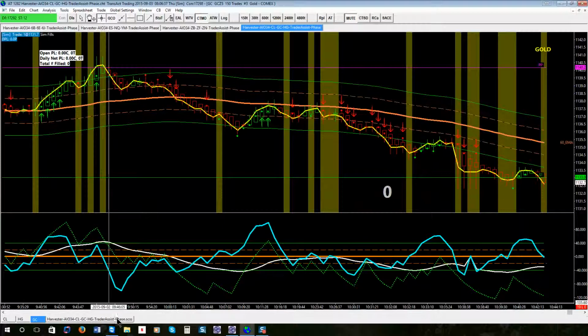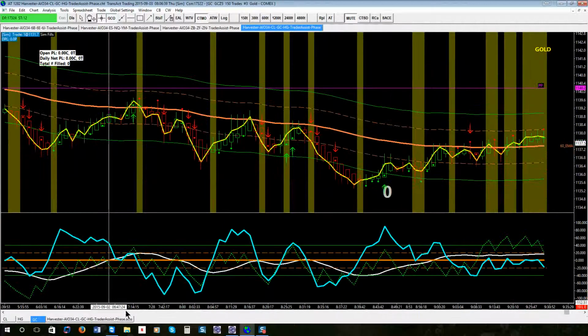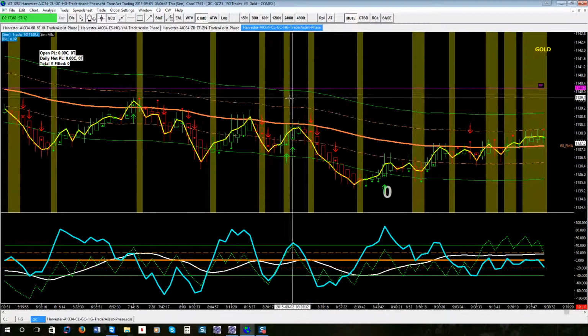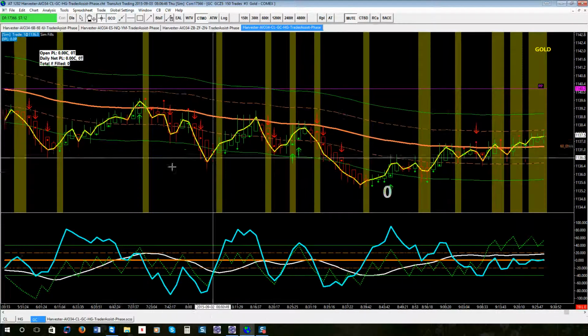So as you go to your historical, familiarize yourself with the parts of the cycle of a trend.